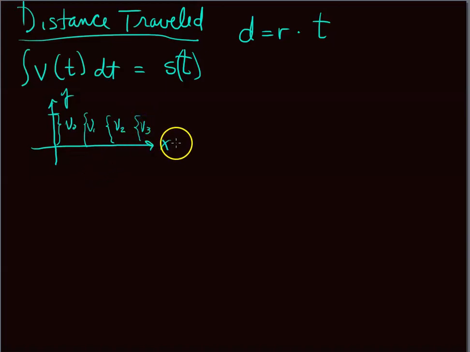And this x really is time, so you can call it t, it's probably better since we're using time. So this is the function v of t. We're taking the antiderivative of v.